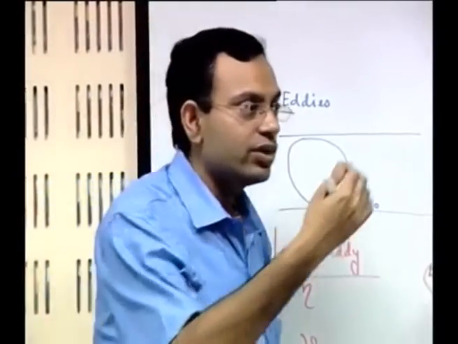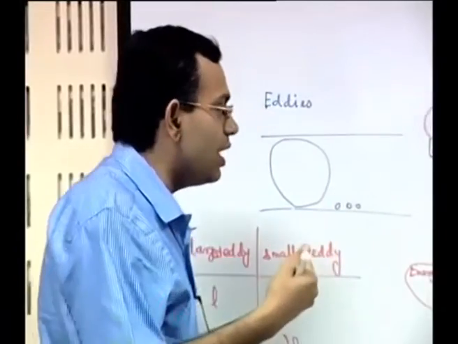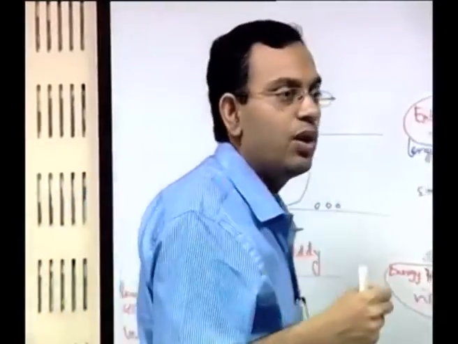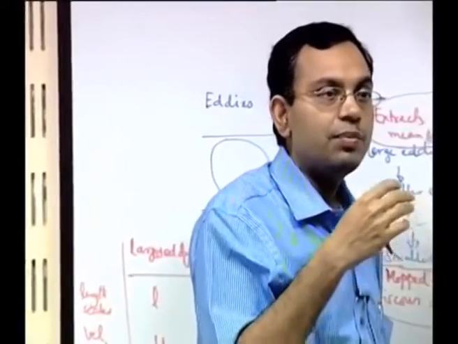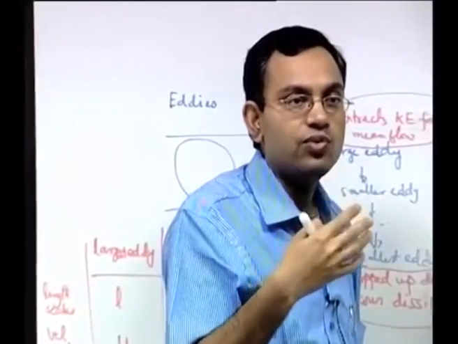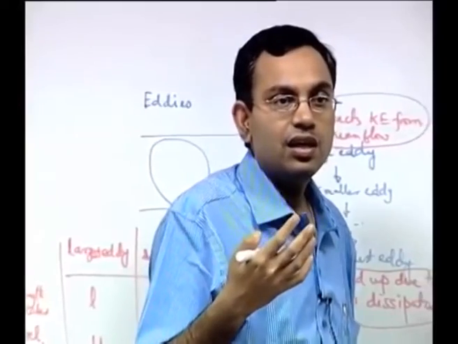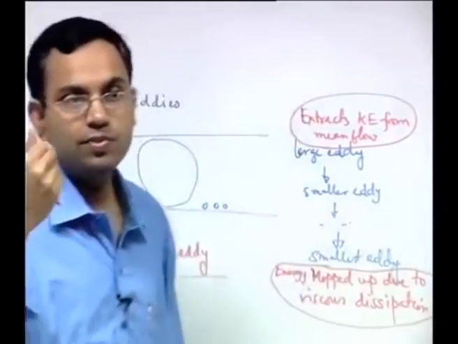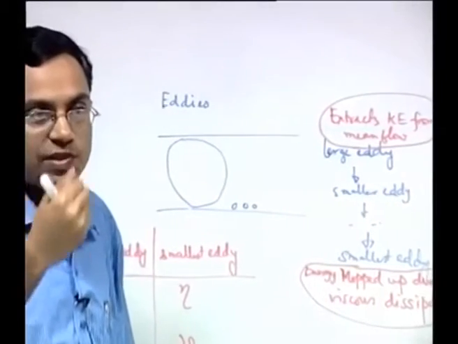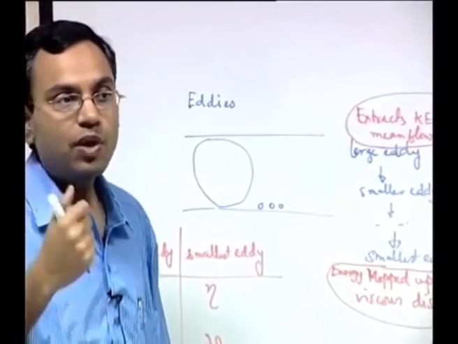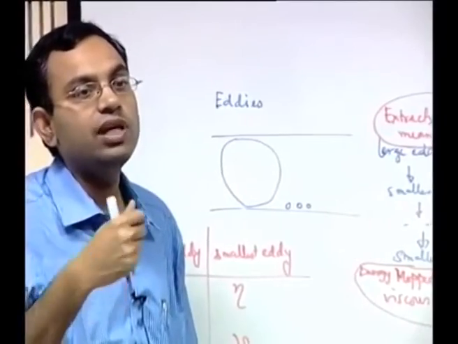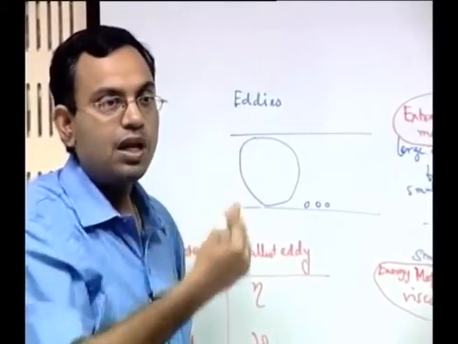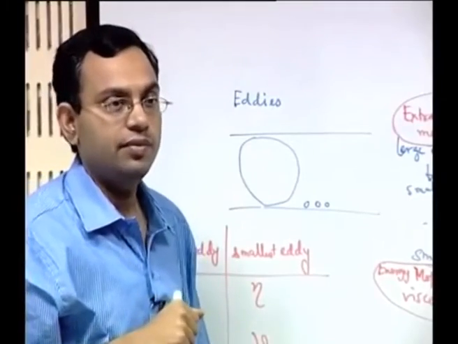But as you come down to smaller and smaller eddies, the length scale of the eddy is small. That means the inertial force, which scales with the length scale, will become smaller and smaller, and at the smallest eddy it will be just good enough to dissipate all the energy that has been cascaded from the larger eddy scale to the smaller eddy scale.